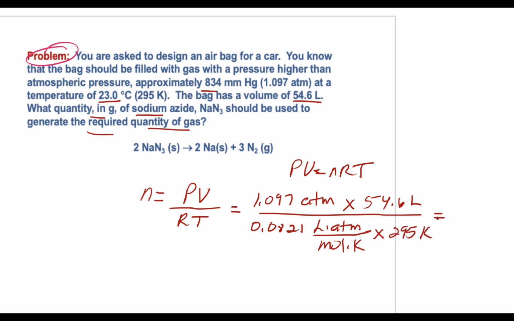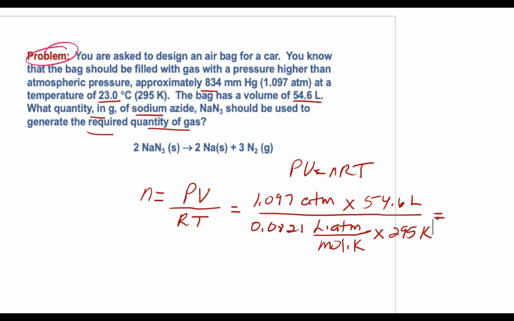So let me put this into the calculator. We have 1.097 times 54.6, and we'll divide that by 0.0821 times 295.